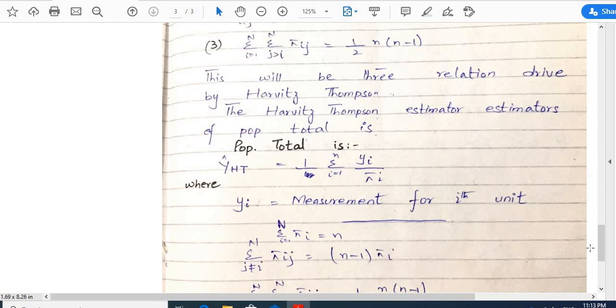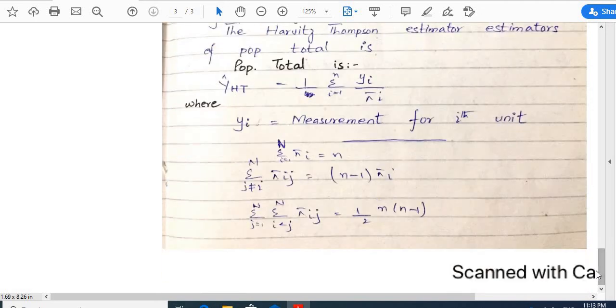Sum over j not equal to i, varying from 1 to capital N, pi ij is equal to n minus 1 into pi i, and sum over j, i less than j, varying from 1 to capital N, pi ij is equal to n into n minus 1 over 2.